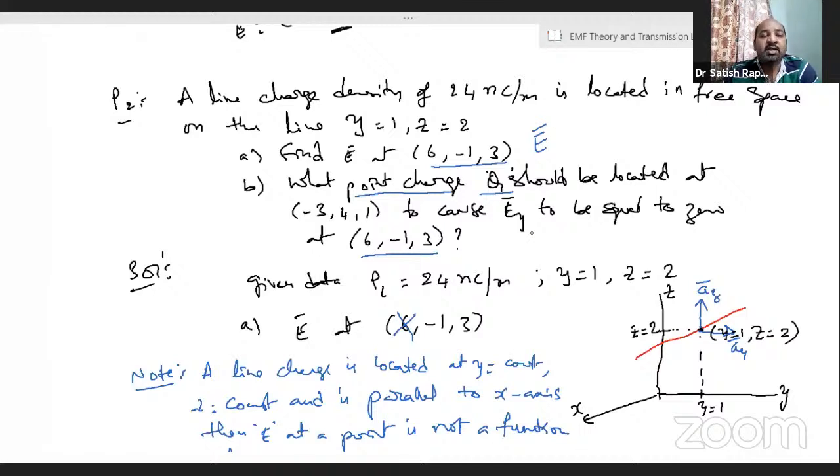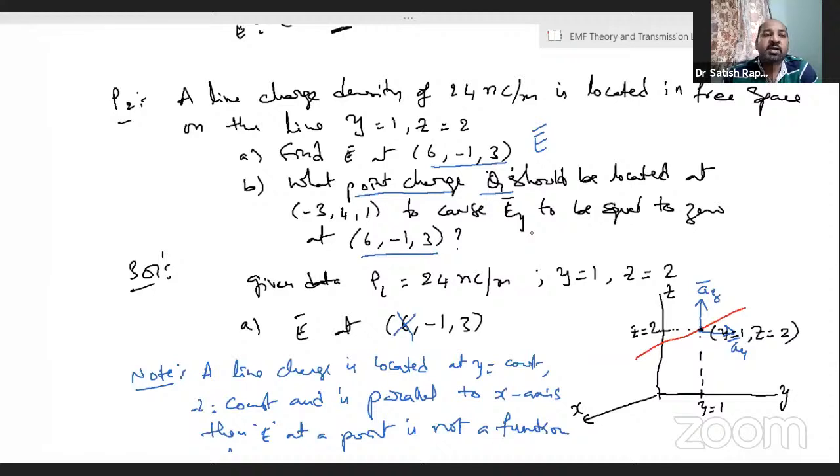Similarly, if the field contains n number of line charges, the resultant electric field is the vector sum of electric field due to individual line charges. On the other hand, if the field contains one line charge and one point charge, the total electric field is again the vector sum of electric field due to line charge plus electric field due to point charge.